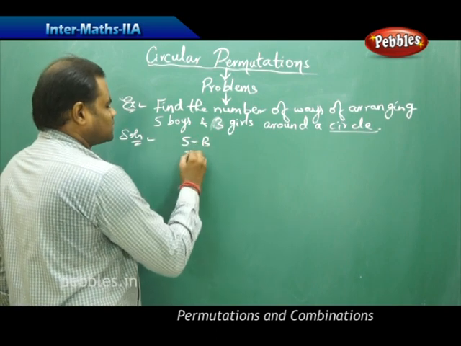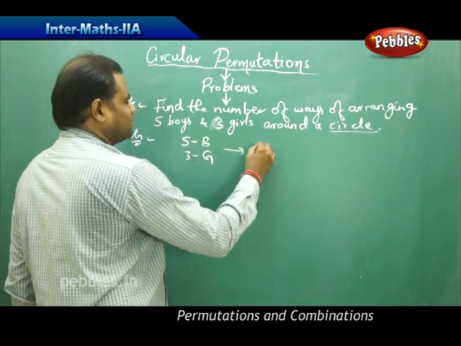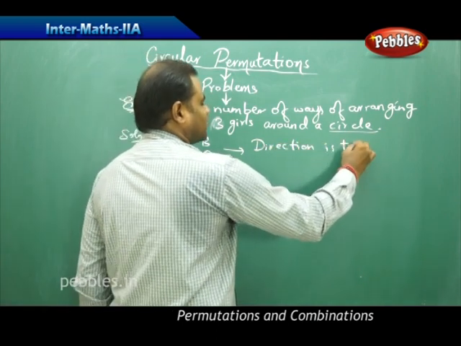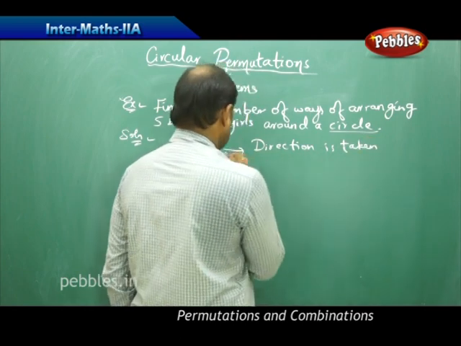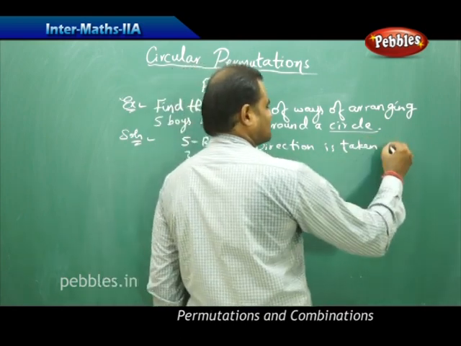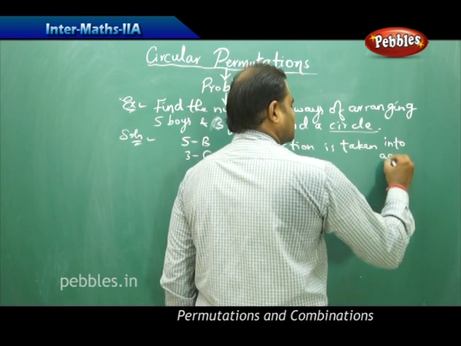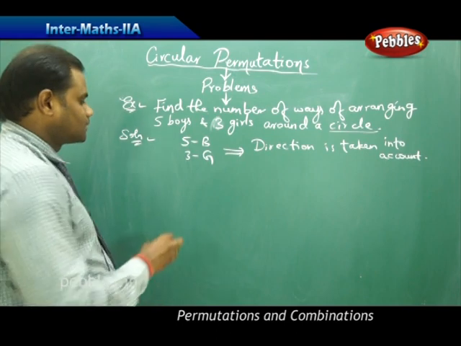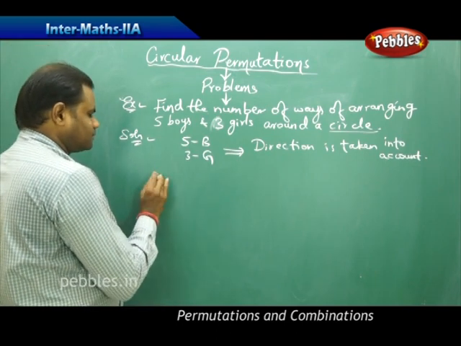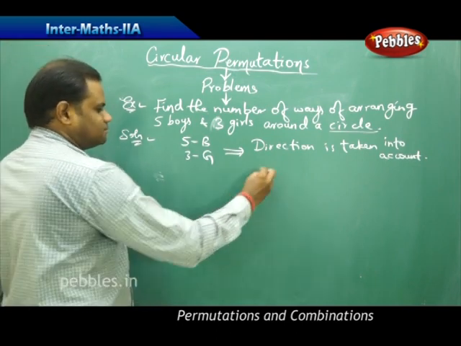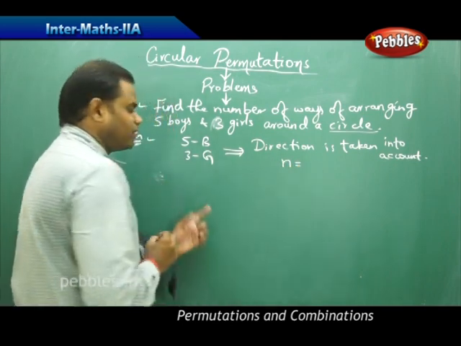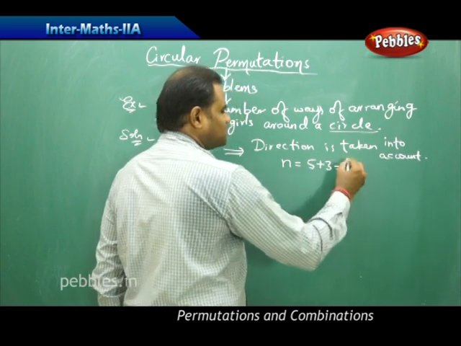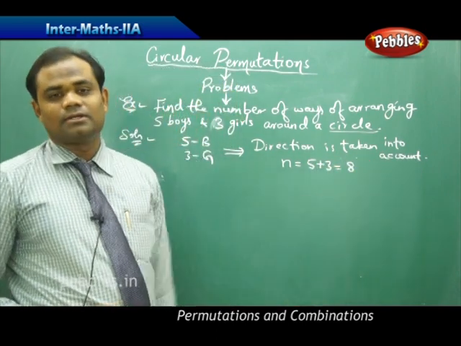So there are 5 boys and 3 girls, and direction is taken into account in case of the circular permutation. Therefore, my n is 5 boys plus 3 girls, which comes out to be 8. There are totally 8 persons or 8 students.